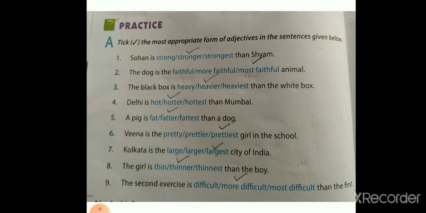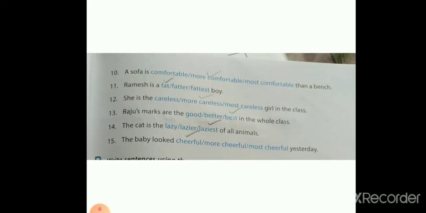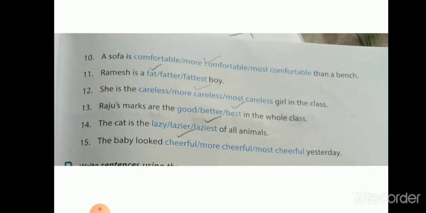So children, observe in this practice paper. When I am showing you the difference between two, like Sham and Sohan, then we will use the comparative degree. Where I am giving you the statement that the baby looked cheerful yesterday, this is a general statement.